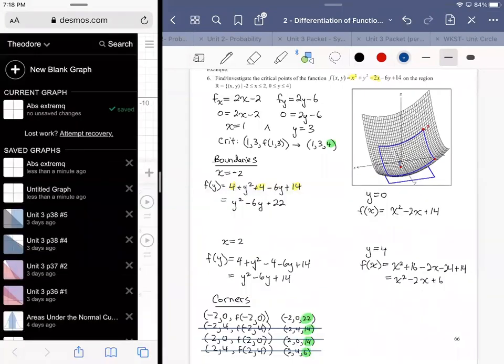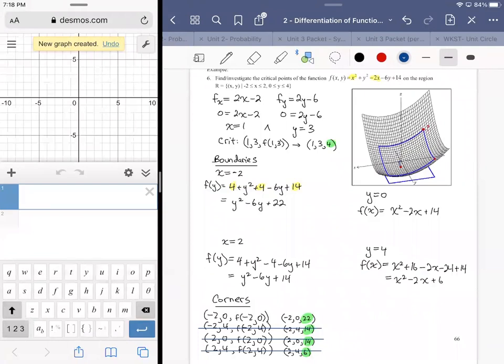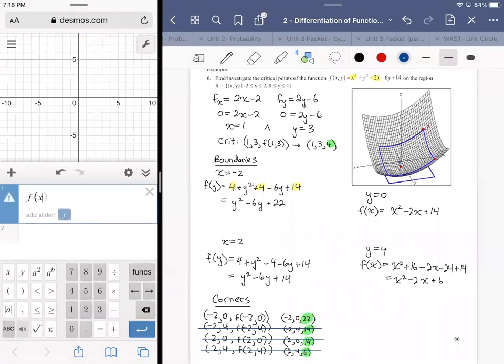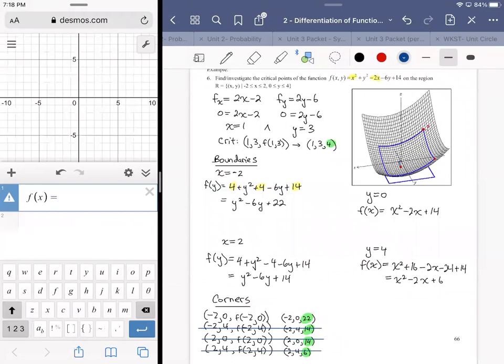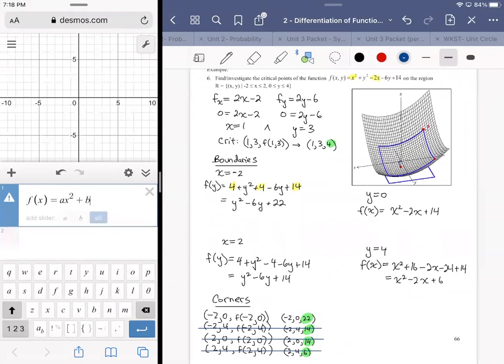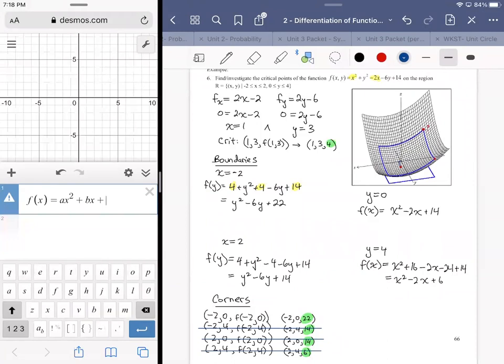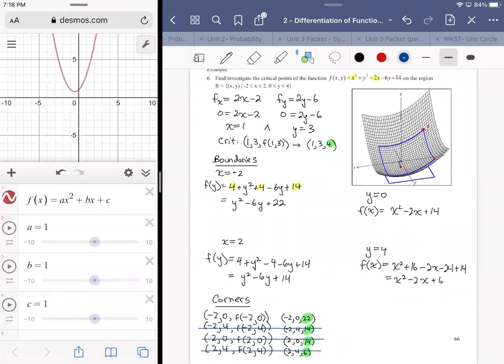I'm going to put it in as f of x equals ax squared plus bx plus c. The benefit of doing it this way is you don't have to retype every single time. You're just manipulating sliders.